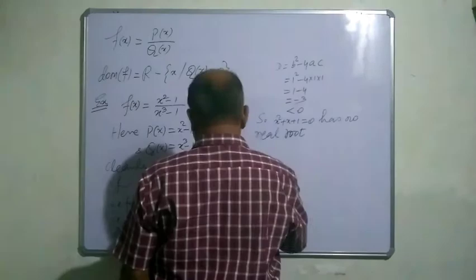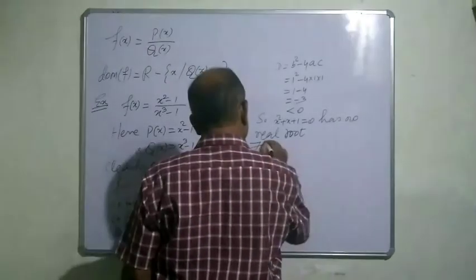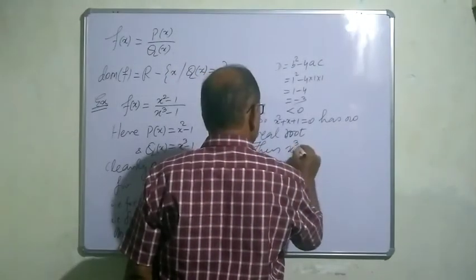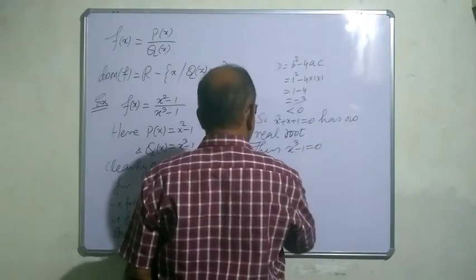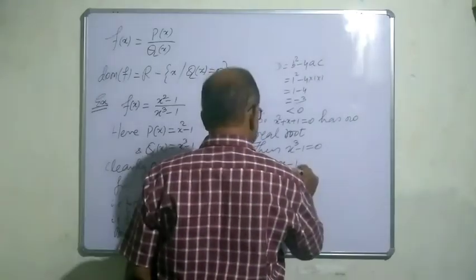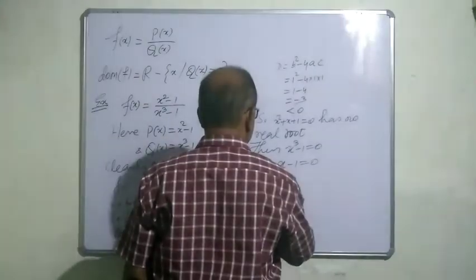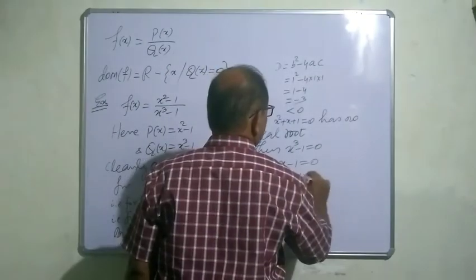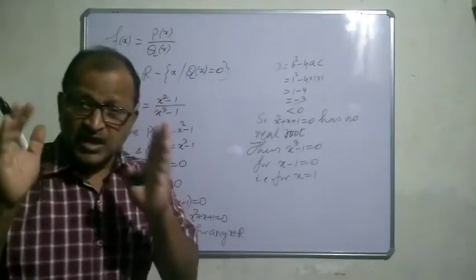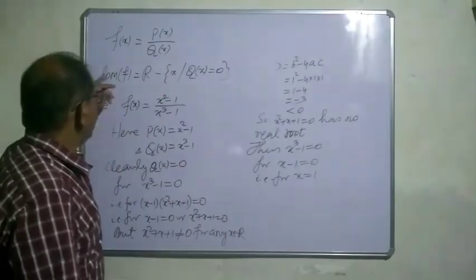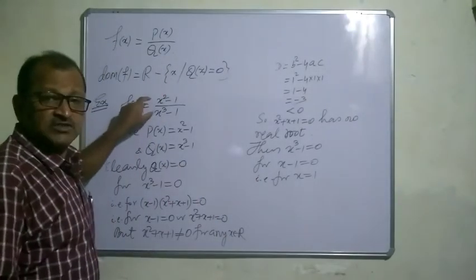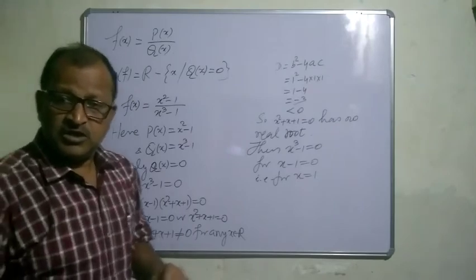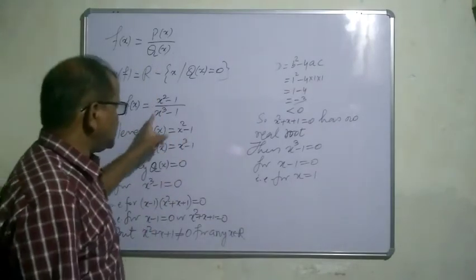So the only possibility, thus x cube minus 1 is equal to 0 for x minus 1 is equal to 0, that is for x is equal to 1. So when x is equal to 1, the denominator of this rational function will be 0.